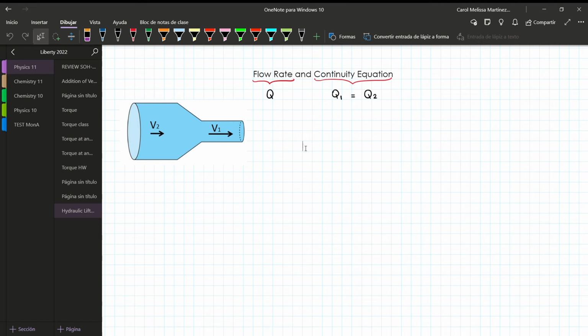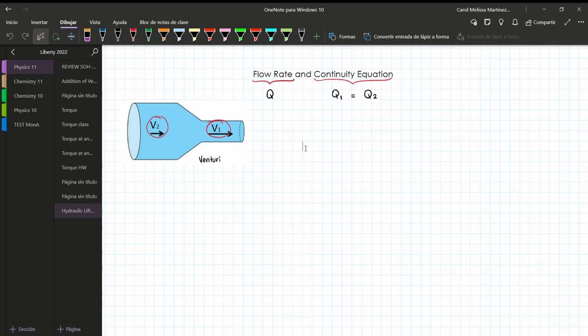Now, what pipe are we going to use as a reference? This one that you see over here is known as a venturi tube, okay? And what do we need to know to apply continuity equation? As you can see here, these are velocities, okay?